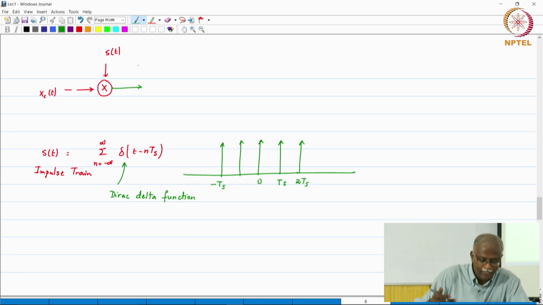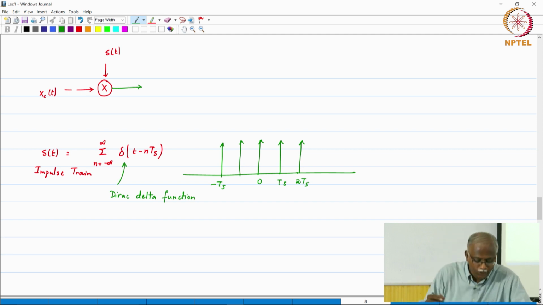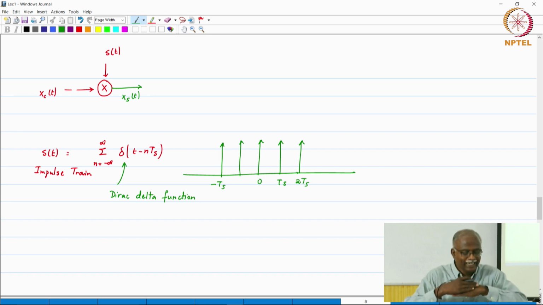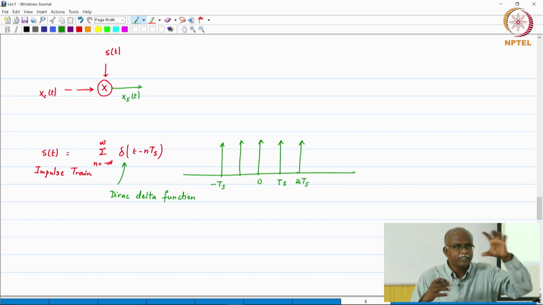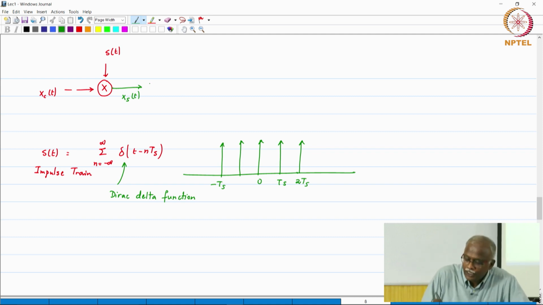Basically it should have values; it is no longer a current or voltage, it is not an analog signal, I must convert it into a number. At this point it is xs of t. The continuous time signal has been multiplied with the impulse train, and each of these impulses has a certain amplitude that must be converted into a number.